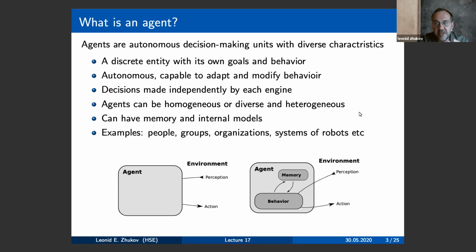So agents can be very simple or quite complex, but the key is that every agent is an independent decision maker and interacts with the environment. Within the environment, there will be other agents, and so the state of the environment will be determined by other agents. Make sense? Okay.